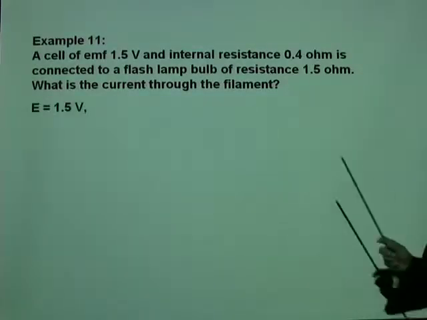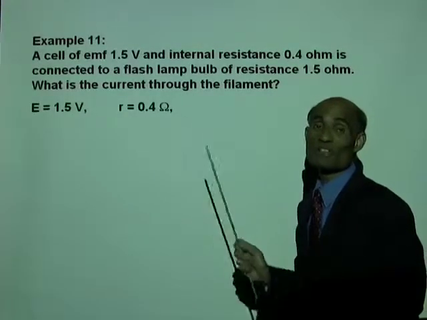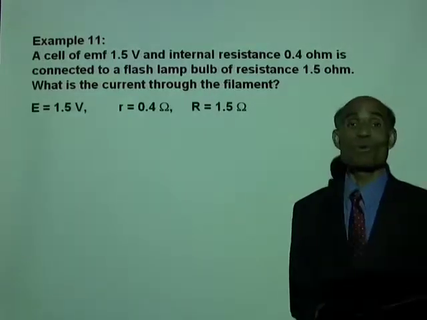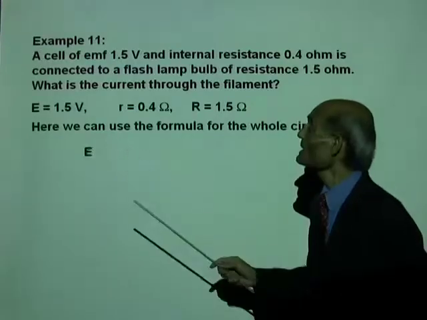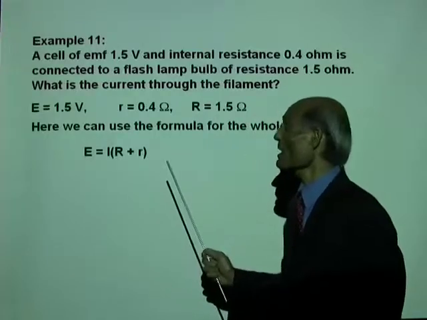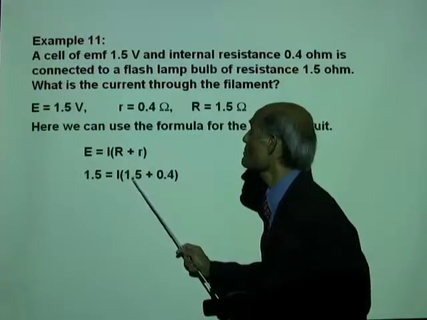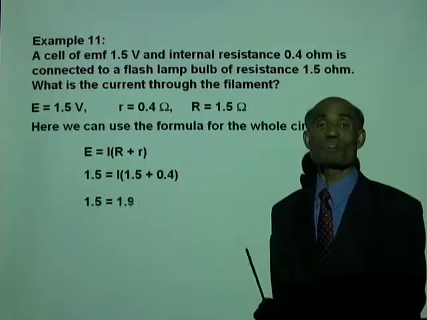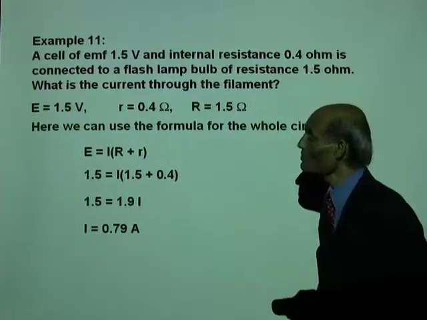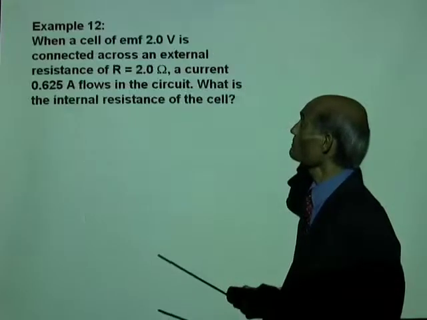EMF E equal to 1.5 volt, internal resistance r equal to 0.4 ohm, external resistance R is 1.5 ohm, and we use the equation E equal to I times (R plus r). That will be 1.5 equal to I times (1.5 plus 0.4), and solving that gives I equal to 0.79 ampere.